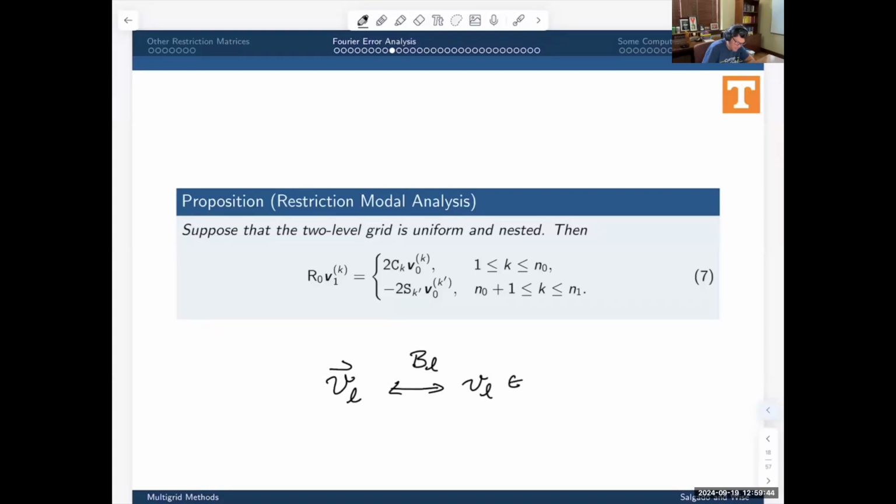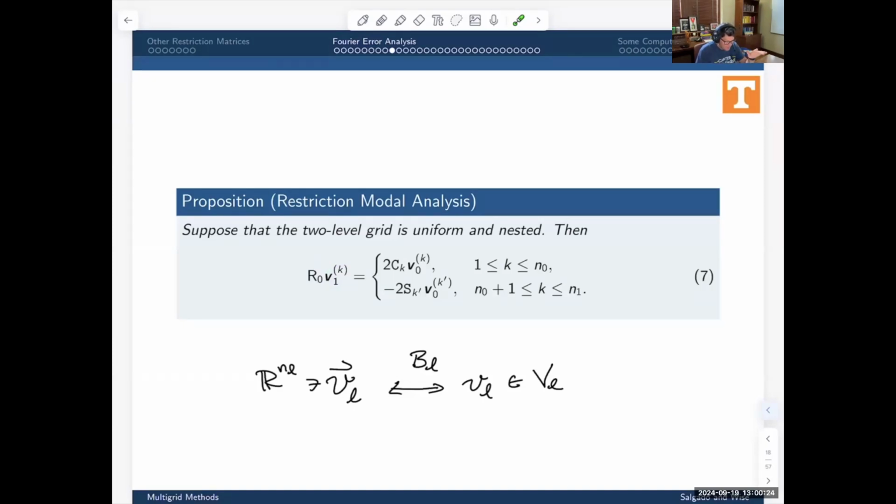And of course, the finite element function lives in the space capital V_L, the space of piecewise linear continuous functions with zero boundary conditions, etc. And this guy over here is just a vector. So I won't make any distinction between these objects, which are vectors, and these objects here, which are functions. So whenever I say the restriction matrix takes a function, you view it as a vector in this way, but we can think about it as a function.